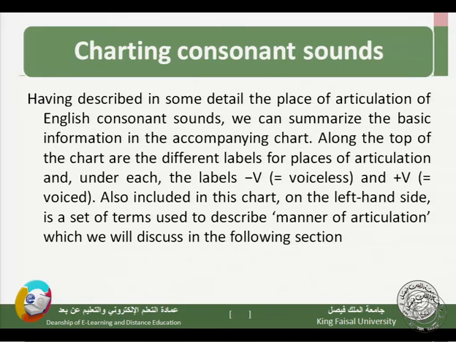In order to represent these sounds in a chart or a table, we need to agree upon some signs or symbols we are going to use in this table. Having described in some detail the place of articulation of English consonant sounds, we can summarize the basic information in the accompanying chart.